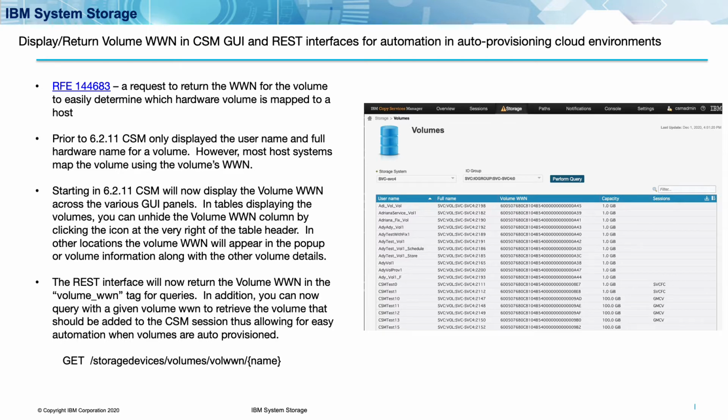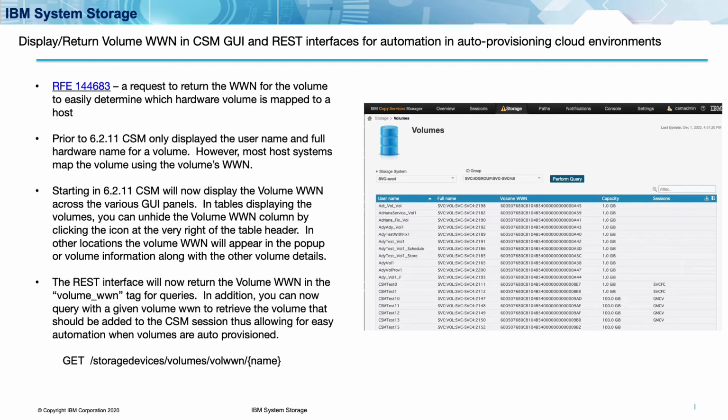And then for the REST interfaces, you'll be able to see that in the volume_WWN tag. So when you query a copy set, etc., you'll see that volume tag that will display the WWN. And last, we added a new query so that if you have the volume WWN, say you have the host map to a volume, you have that WWN value, you can now use this REST query, volume/volume WWN, provide that name, and CSM will return the volume information as related to the CSM server.